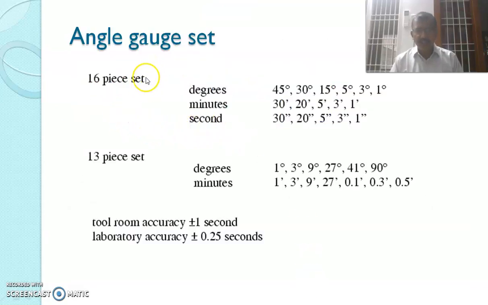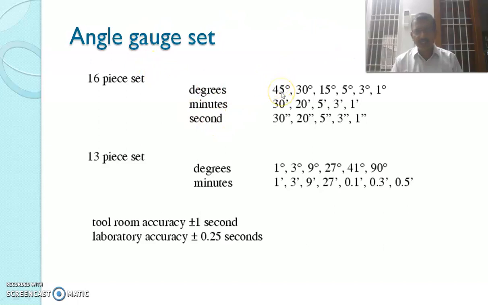We know that in a circle the total angle is 360 degrees. 1 by 360 of a circle is a degree, 1 by 60 of a degree is a minute, and 1 by 60 of a minute is a second.